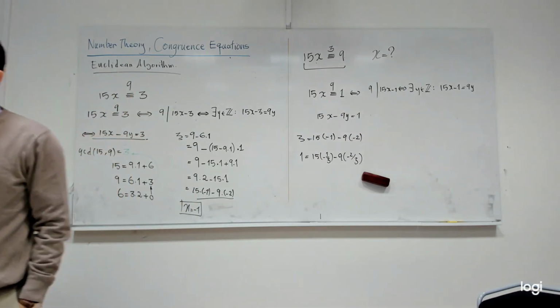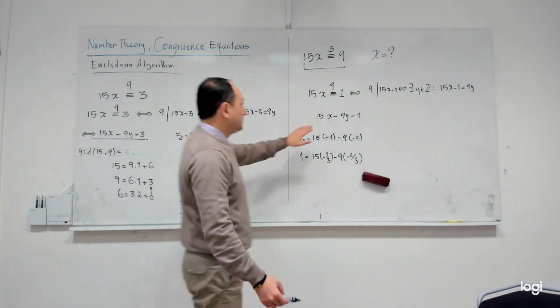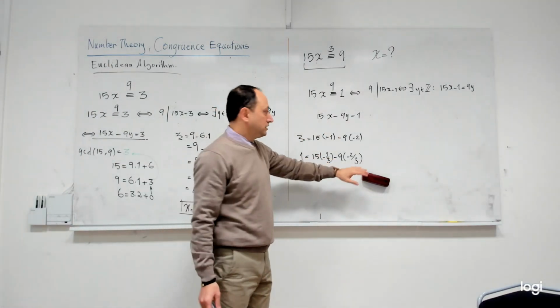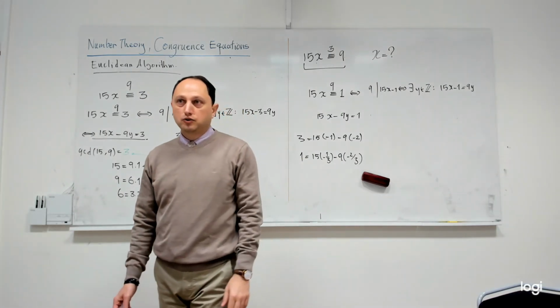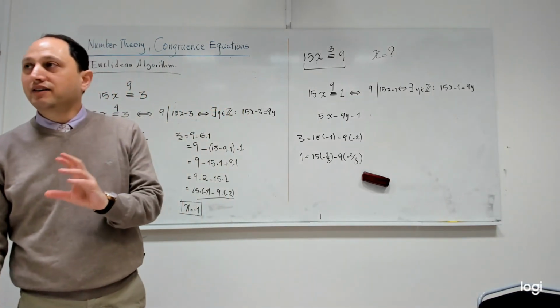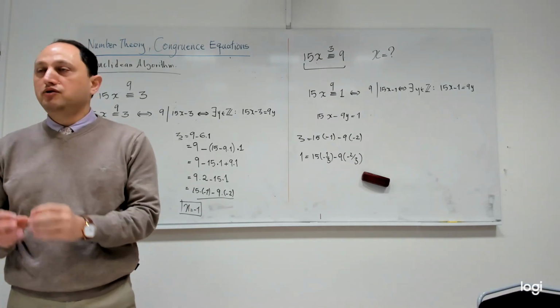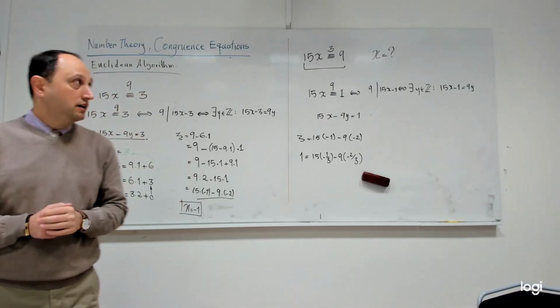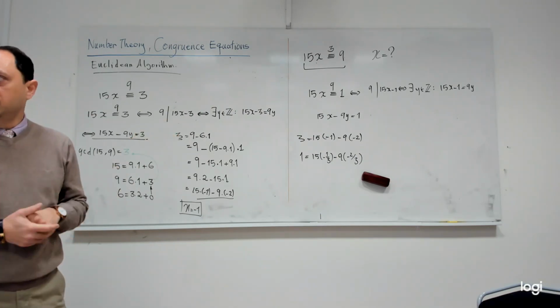There is no solution. Why? But this is very evident from the beginning. You really don't need to, so this is not mentioned in the book. In principle, when you want to start solving a congruence equation, it is better to have a guarantee of whether there is a solution or not. Because if you have a simple criterion showing that this is not possible to solve, you just don't solve it.